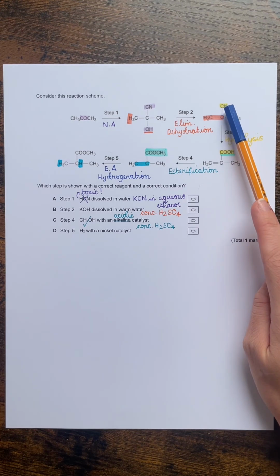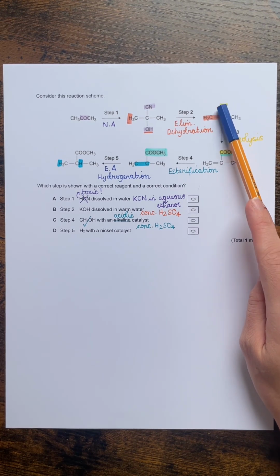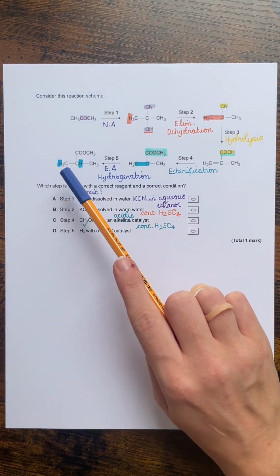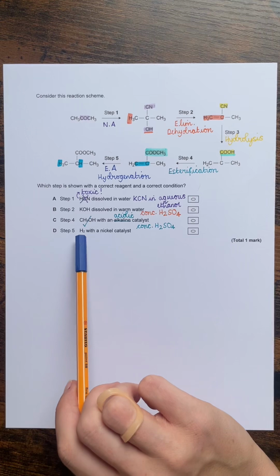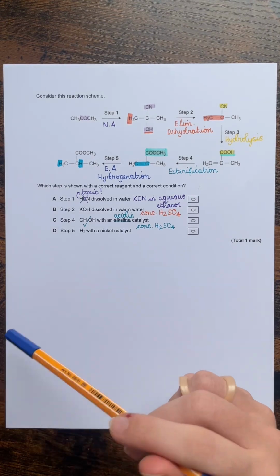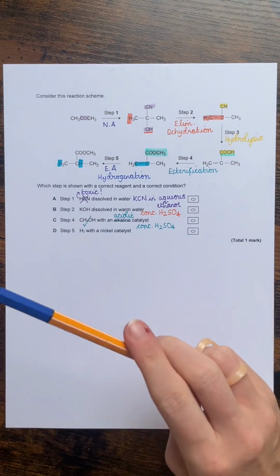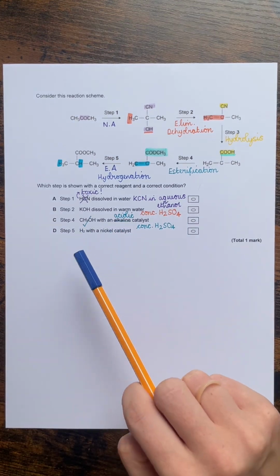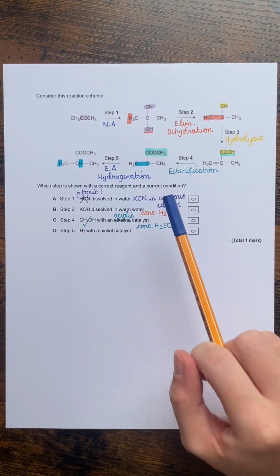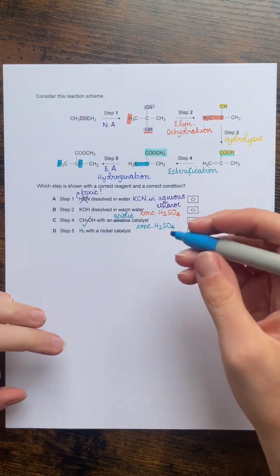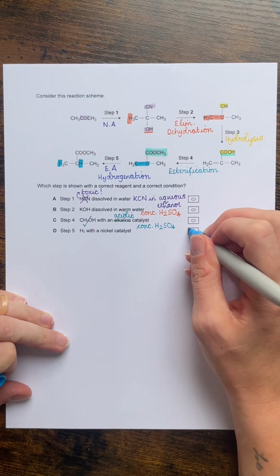So breaking open the triple bond, turning it into a single bond and adding hydrogens onto the carbon and the nitrogen. So if we're breaking open a double bond and putting a hydrogen on each carbon, that would suggest that these reagent and catalyst for our condition should work. But also, if we know it's not any of the others, which we would need to know specifically what we would use for those processes, then, like I said, by process of elimination, it has to be D.